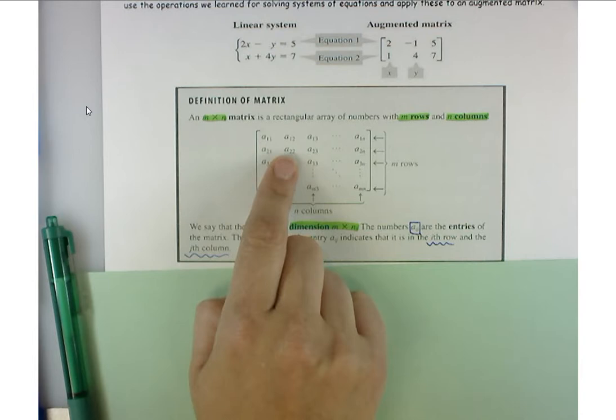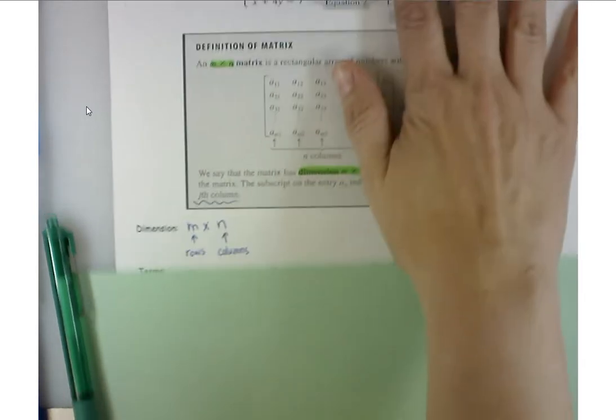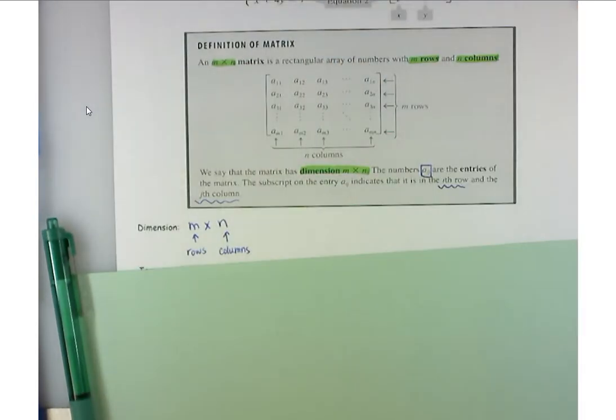All right, let's just recap some of the things we just learned. We learned that the dimension is m by n. This is underneath your information box. Your dimension is m by n, which represents the rows and the columns.